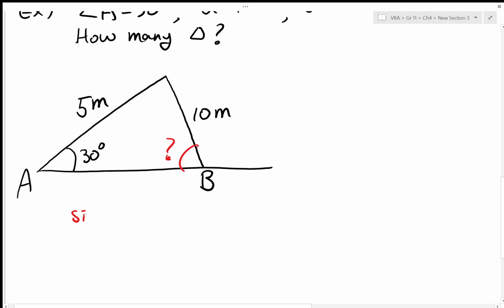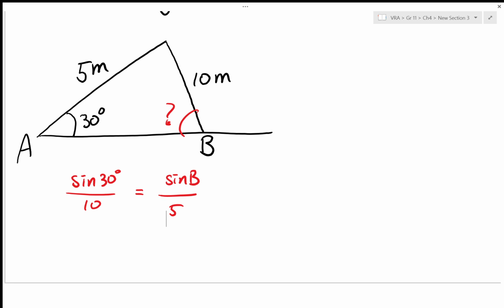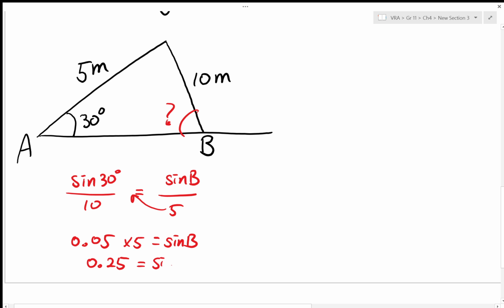We have sine 30 degrees over 10 equals sine B over 5. Sine 30 degrees is 1 over 2, divided by 10, so it's 0.05, times 5 to isolate sine B. This gives me 0.25 equals sine B.